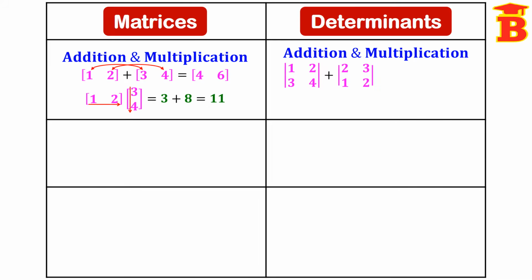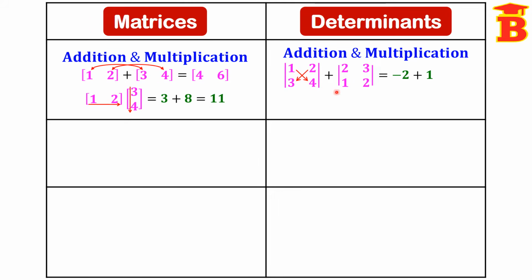For example, consider these two determinants. We have to add this, find the value of this first determinant, and then find the value of this second determinant. For the value, we take right arrow multiply minus left arrow multiply. So right arrow 1 into 4, 4, minus left arrow 2 into 3, 6. 4 minus 6 is minus 2.